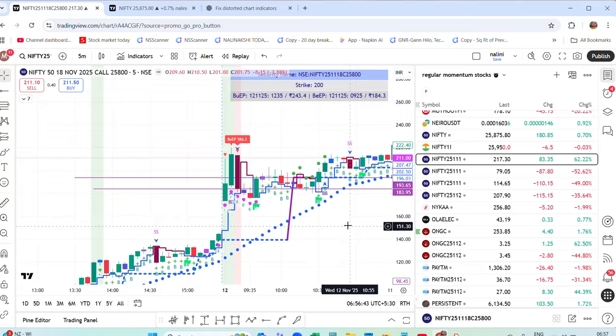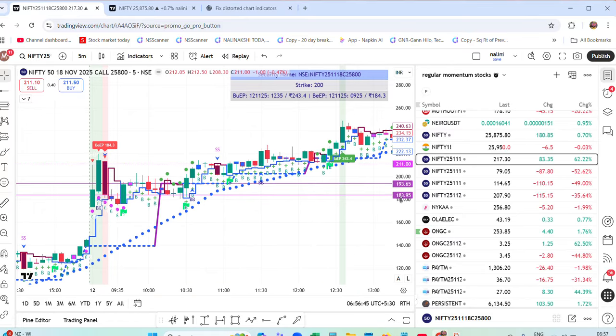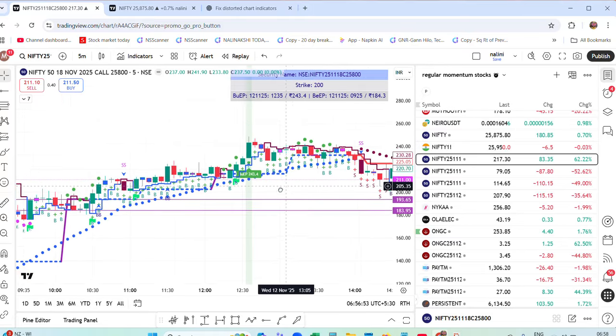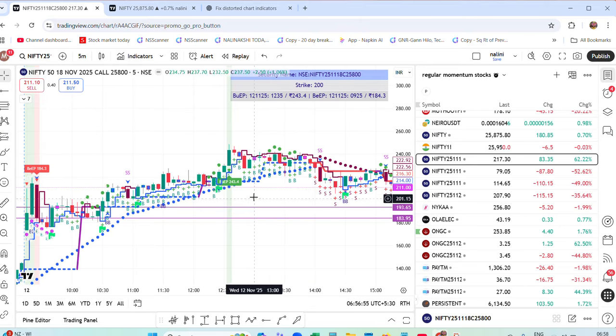That's how it is. If there is any distortion, see, it started like this. Again, one EP formed at the 12 p.m. because that 12 p.m. level is very important. London session will open.